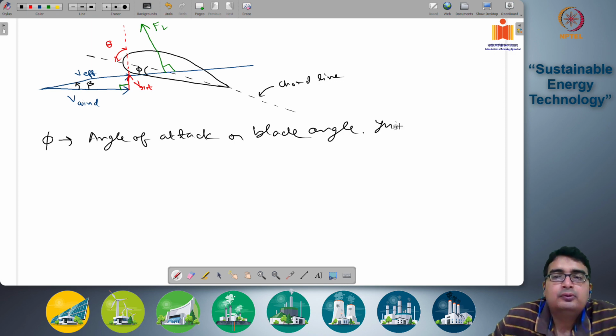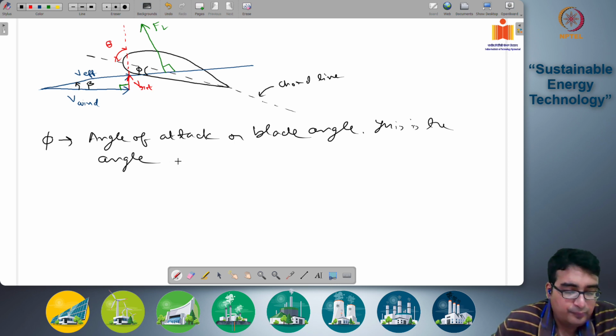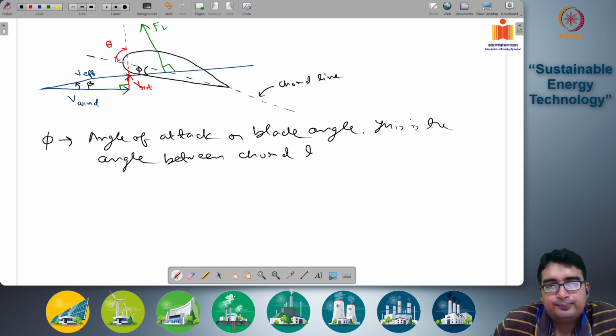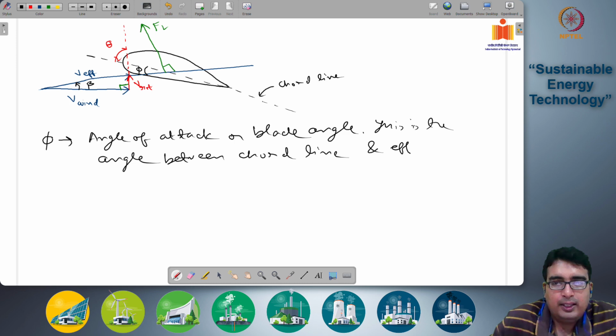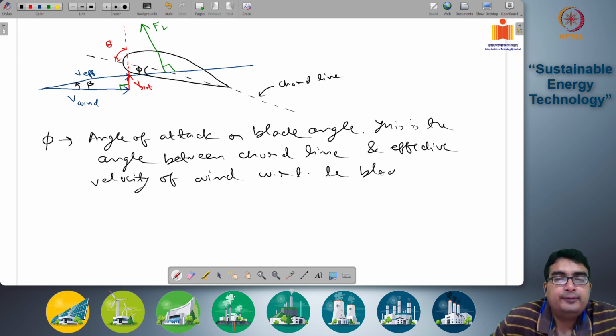This is the angle between the chord line and the effective velocity of wind with respect to the blade.